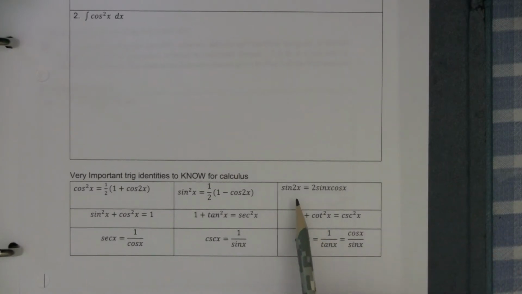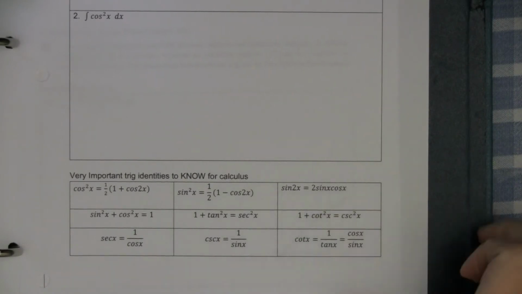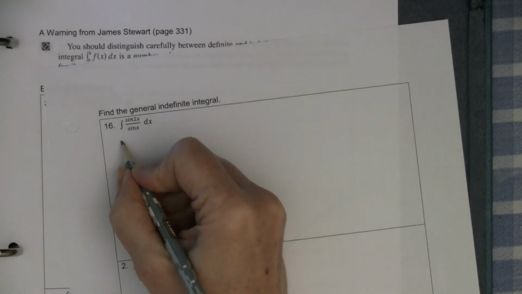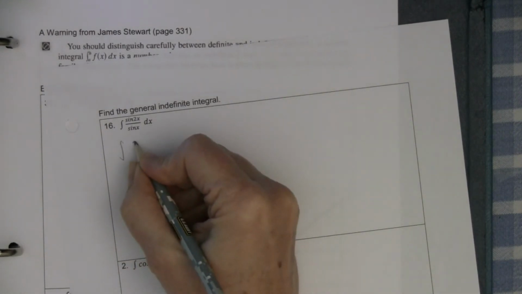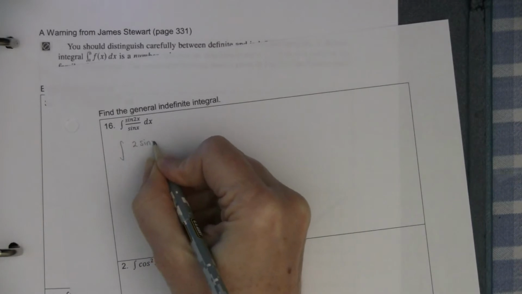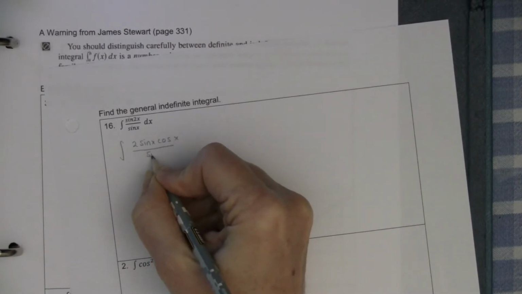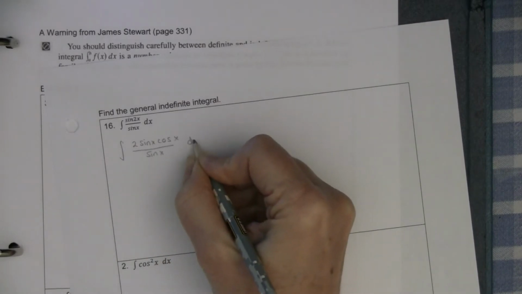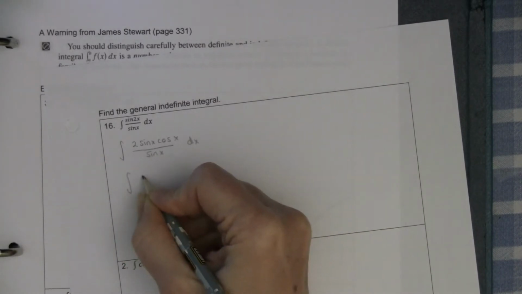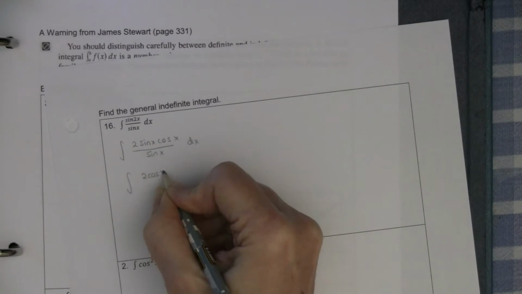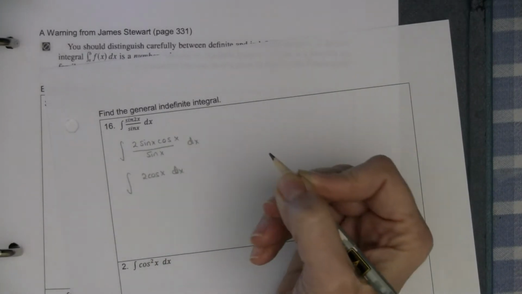So what I'd like to do is use trig substitution so that I can divide it. Sine of 2x is equal to 2 sine of x cosine of x. So here on number 16, this is going to be the integral of 2 sine of x cosine of x divided by sine of x dx. And then that's the integral of 2 cosine of x dx, because the sines can drop out.